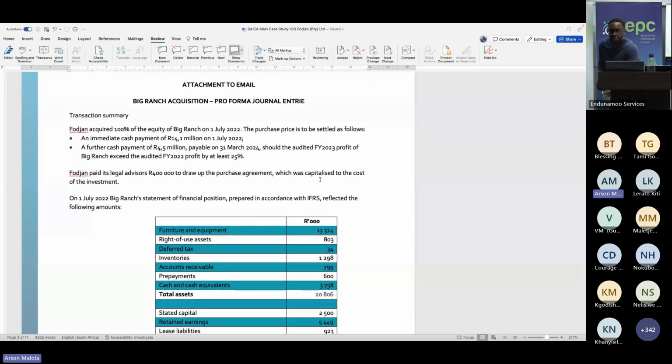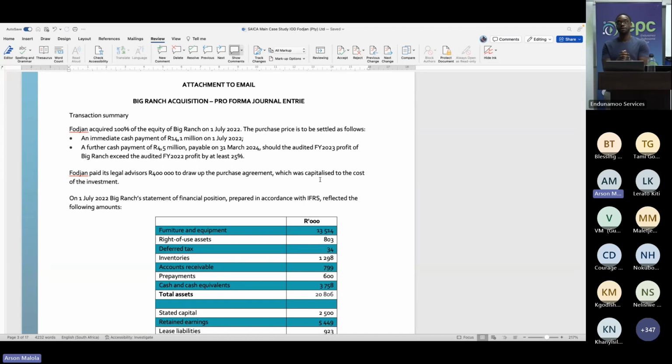So then in the first attachment, you're given the performer journal entry, and then you're given a transaction summary, right? Now remember the context that we had coming into this: we have an expectation of what the journal entry should look like, but also an expectation of what information we want the examiner to give us in the IOD.